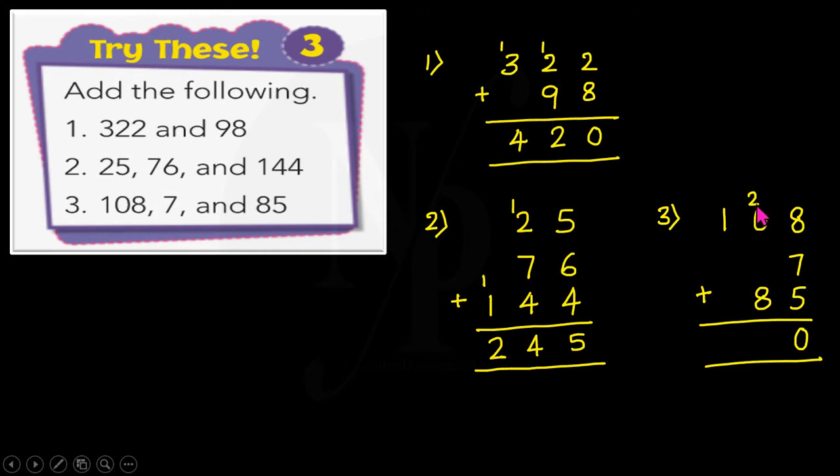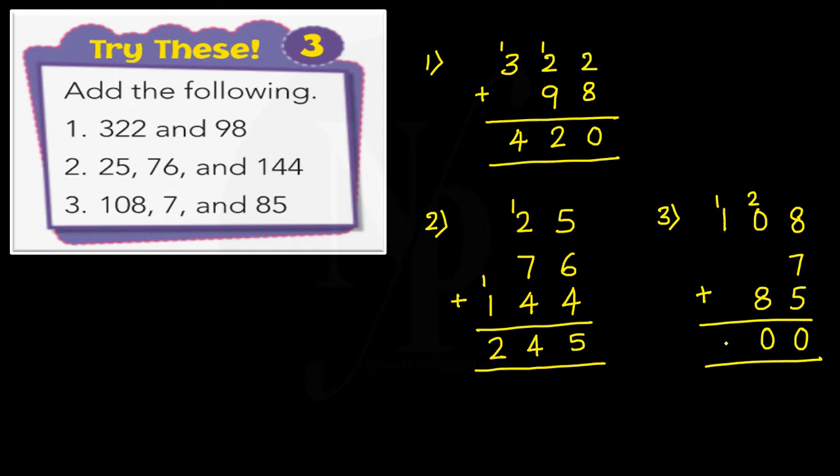So now we add the digits in tens column. So here we have 0 and 2 plus 0 is 2 and 2 plus 8 is 10. So 10 tens are regrouped as 100 and 0 tens. So we carry forward 100 to the hundreds column and we write 0 in the tens column. And we now add the digits in hundreds column, that is 100 plus 100 is 200s.